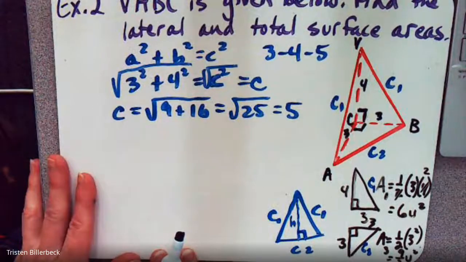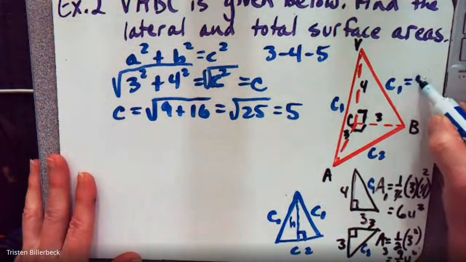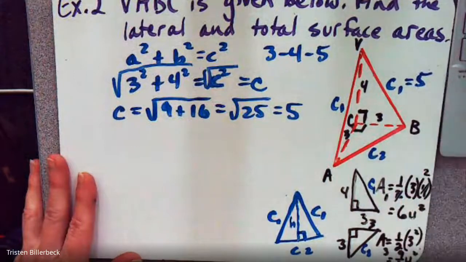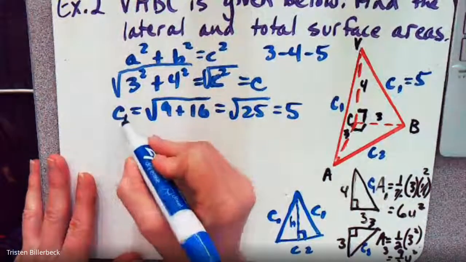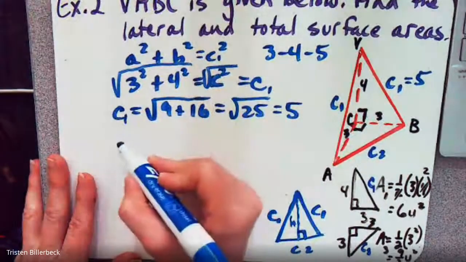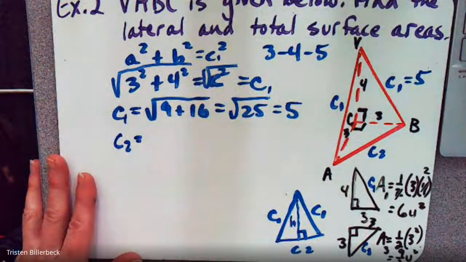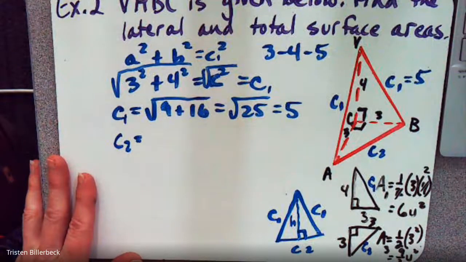Okay, so with that in mind, now we know that this equals 5. So now we have to find out, well, what is C2? So this is C1. Okay, so C2 then is going to equal... we know that this is going to hit halfway.